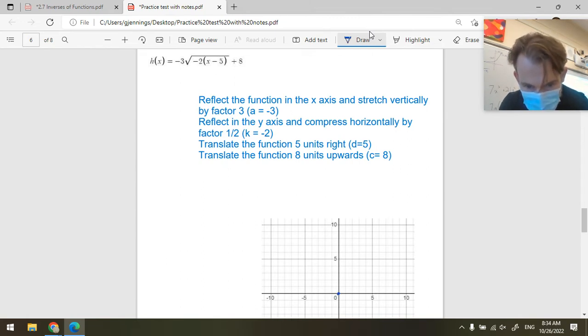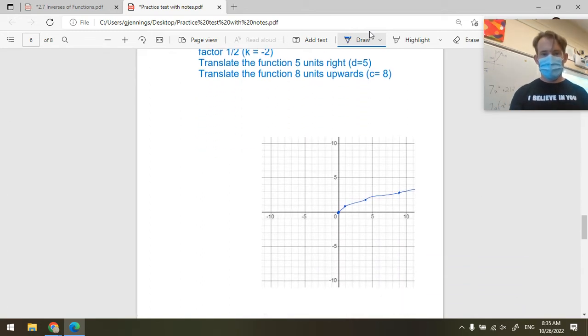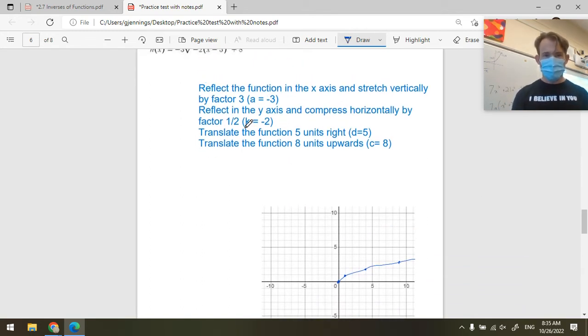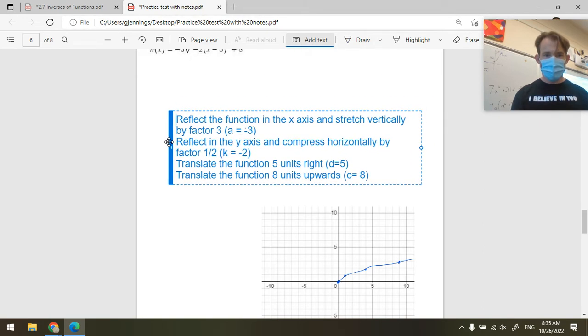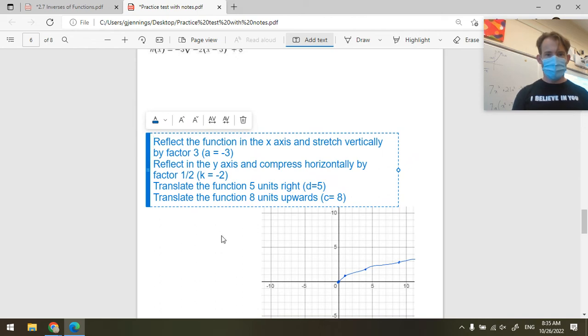I remember (1, 1), (0, 0), (1, 1), (4, 2), and (9, 3) were on the parent function. So there's my parent function. Okay. So let's see. I'm just going to grab this. Move it down so that we can see it a little bit better over here, and then I can zoom in.